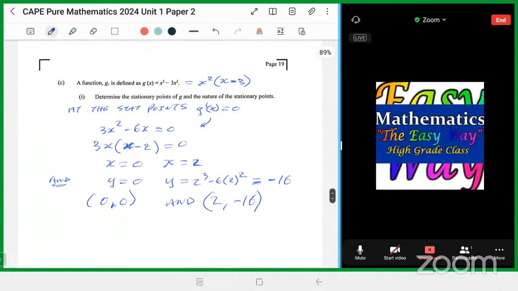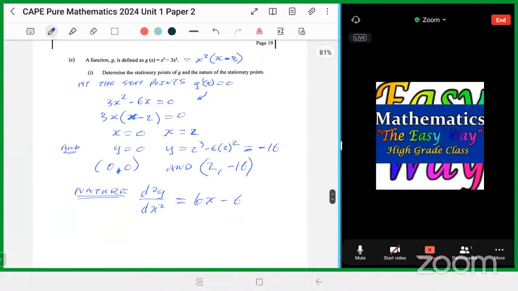All right, so I need the nature now. I have to calculate and show the nature. So I have to get d2y by dx squared, which is equal to, remember, this is my dy by dx, 6x minus 6.